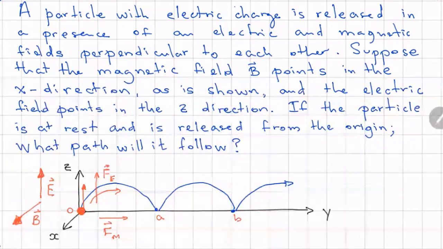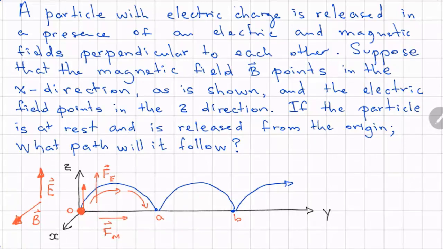And the faster the particle goes, the stronger the magnetic force becomes, right? Eventually it curves the particle back around toward the y-axis, so the particle is going to move like this, okay, because of the magnetic force.